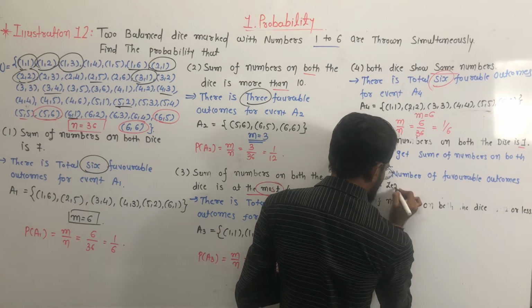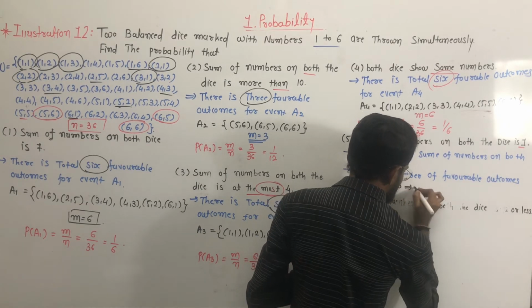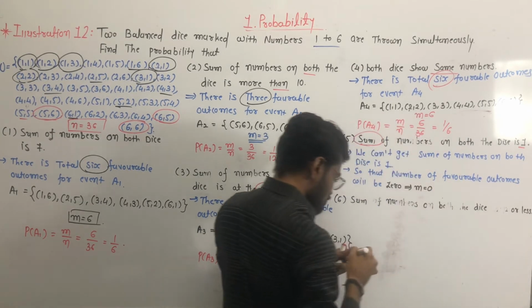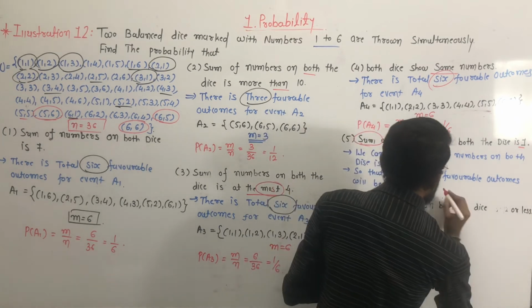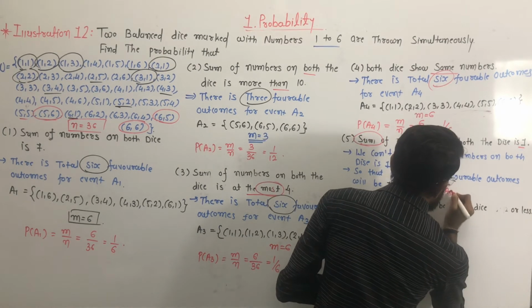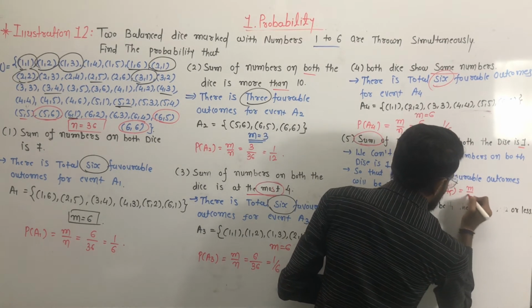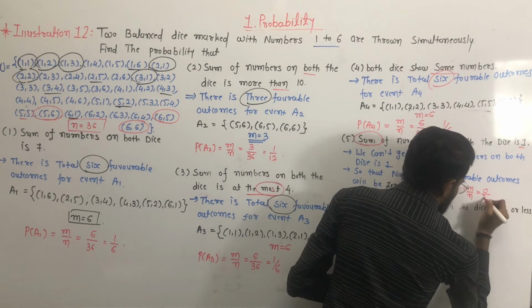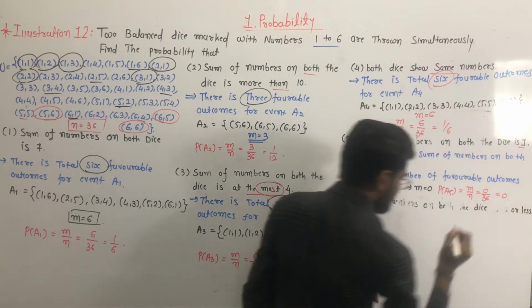Means m is equal to 0. So now we have to find the probability of event A5, which is equal to m by n. M is equal to 0, n is equal to 36, so the probability is 0.